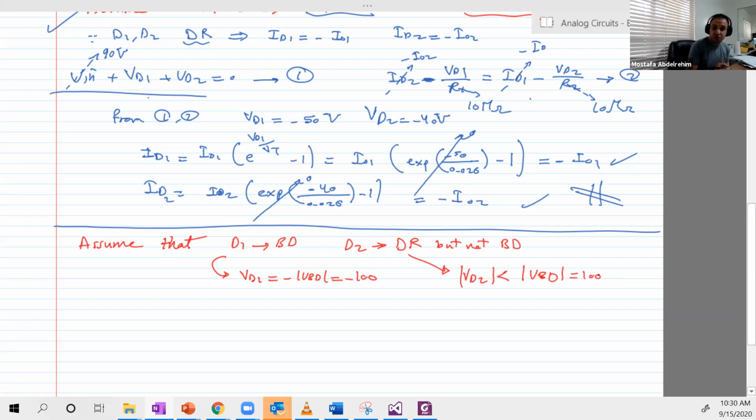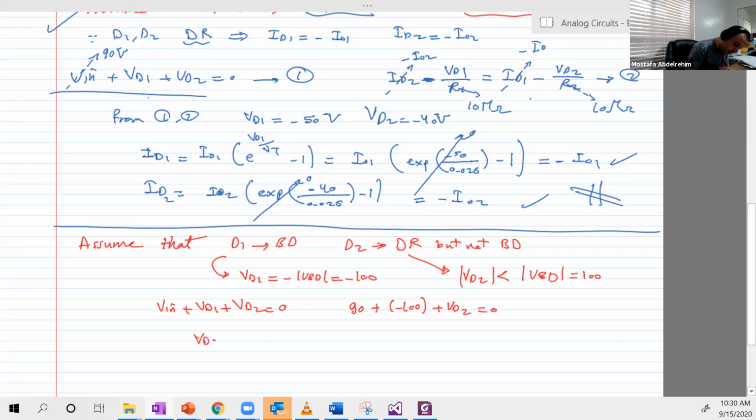Okay, let's see if this is right or wrong. So we have V input plus VD1 plus VD2 equal to 0. V input is 90 plus VD1 minus 100 plus VD2 equal to 0.